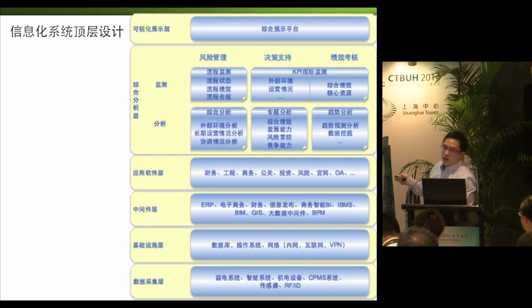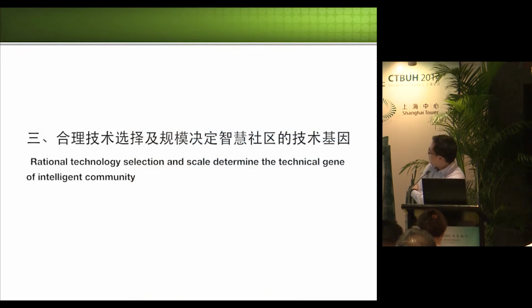And also the middle level and application software level can be integrated with our regular software. For example, in the middle level, it can be integrated with our ERP, e-business, financial model, and also the BIM system. On the owner's interface, they can have a look at our comprehensive analysis results, including the process monitoring, the KPI, and also some specific analysis, and also the trend analysis.